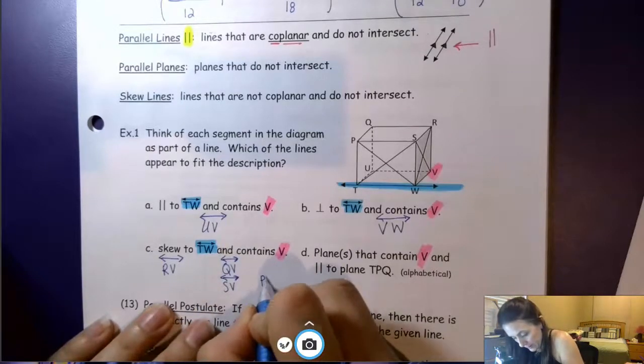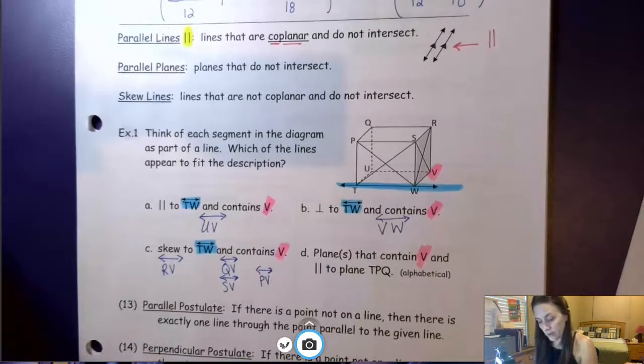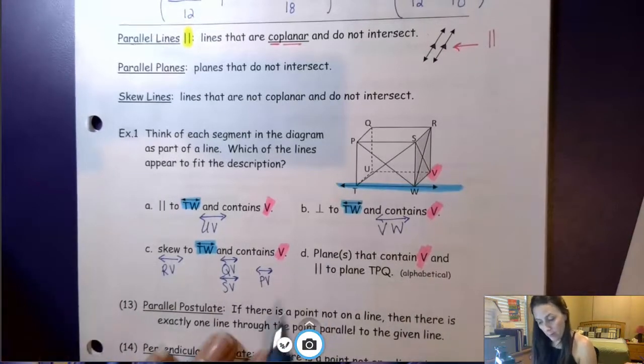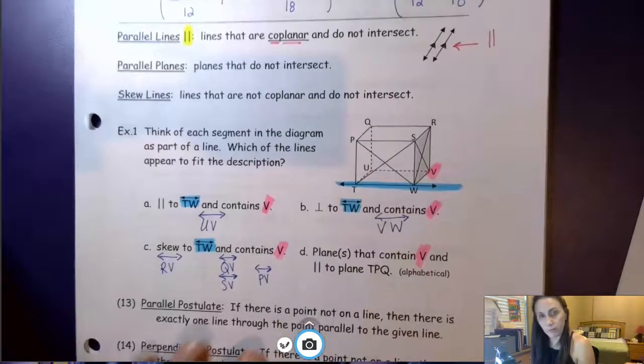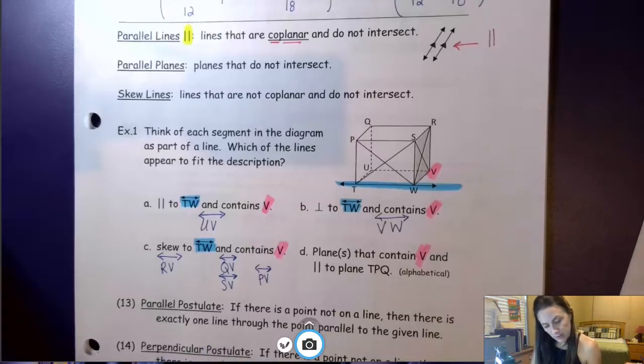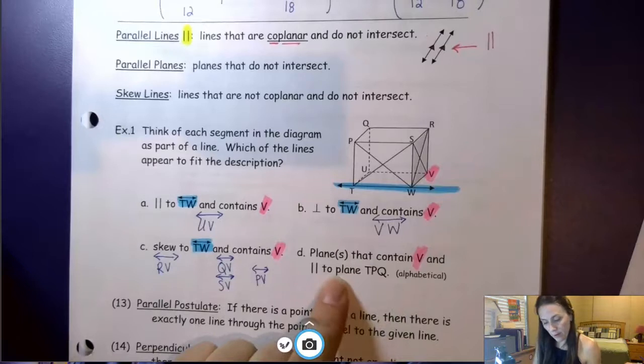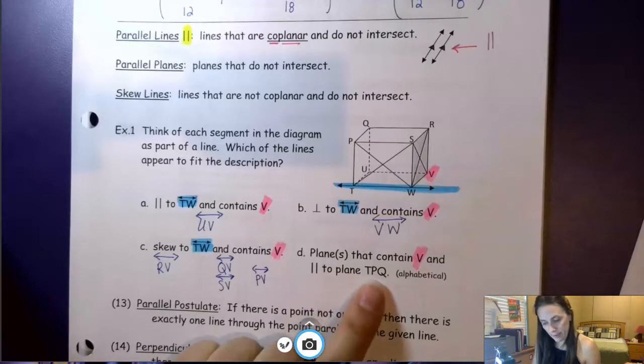PV works. So those are all different skew lines that are not parallel and not coplanar. They do not intersect.